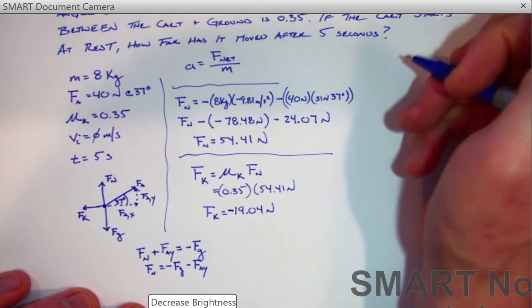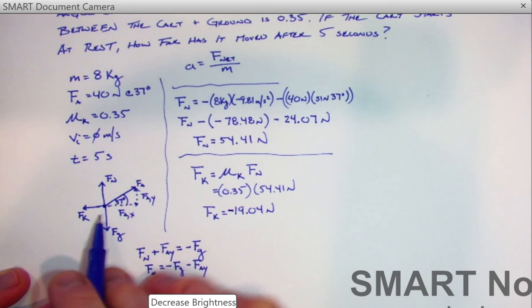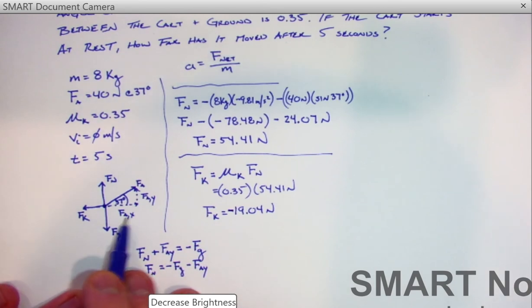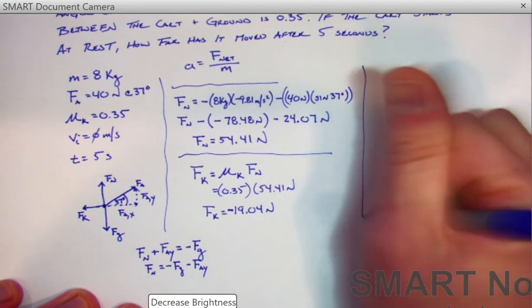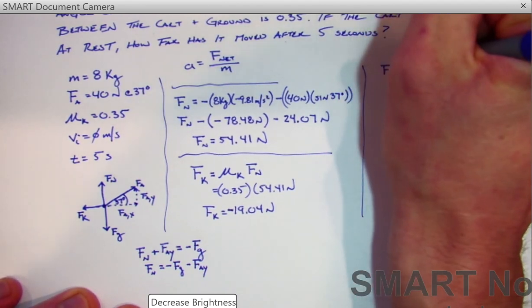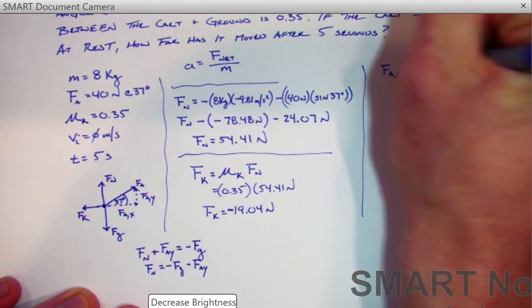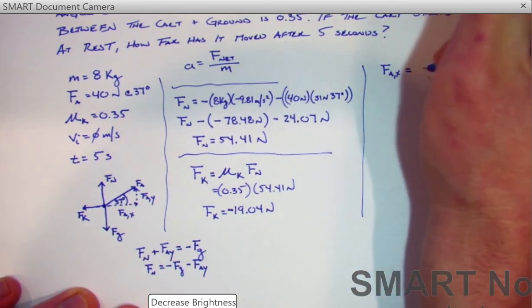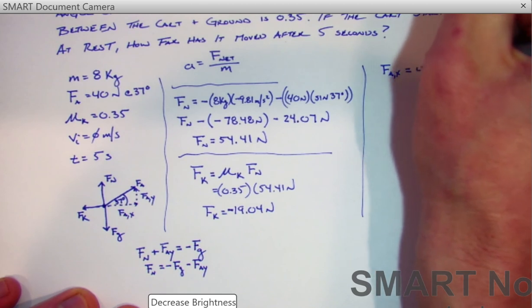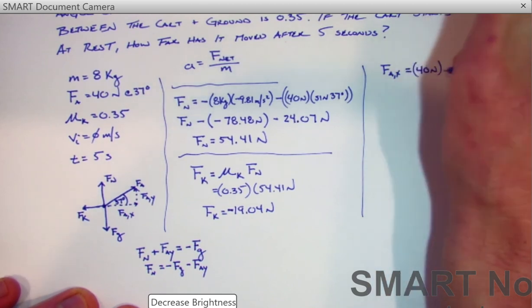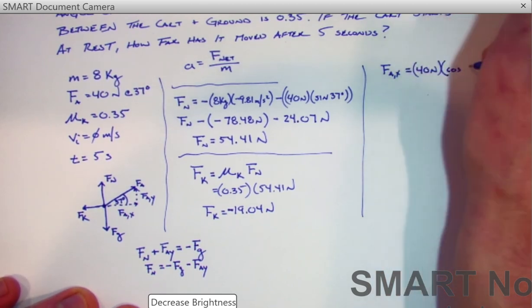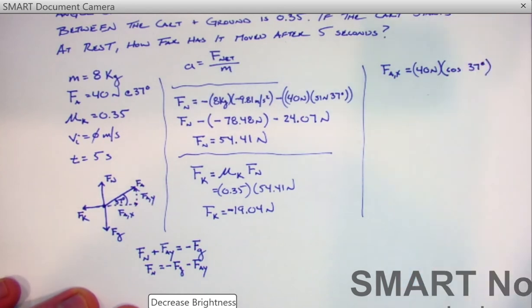All right. Now I need to get net force. F applied X is going to be trigonometry again. It's adjacent to the angle, so that will be cosine. So it's the hypotenuse, 40 newtons, times the cosine of 37 degrees.